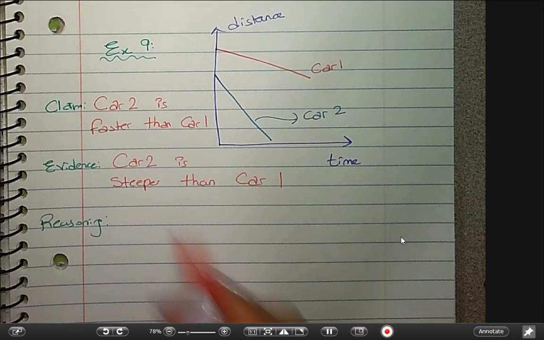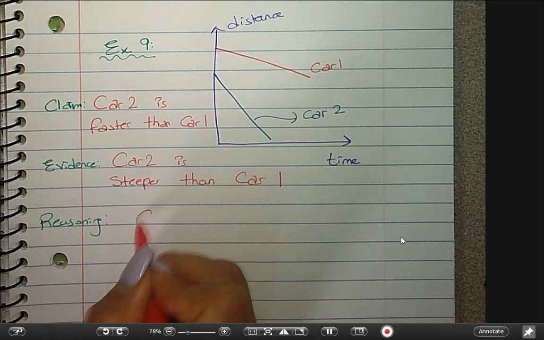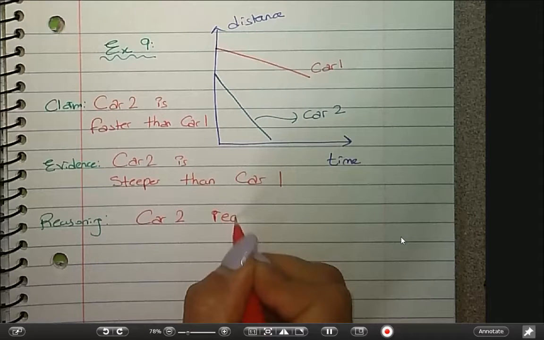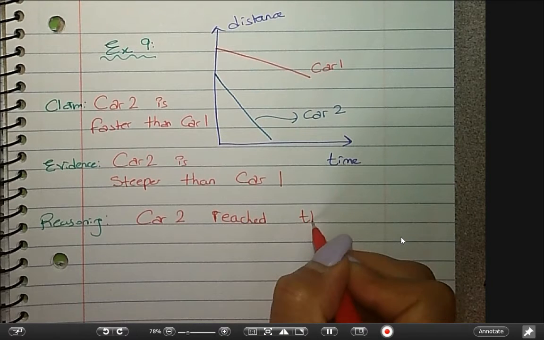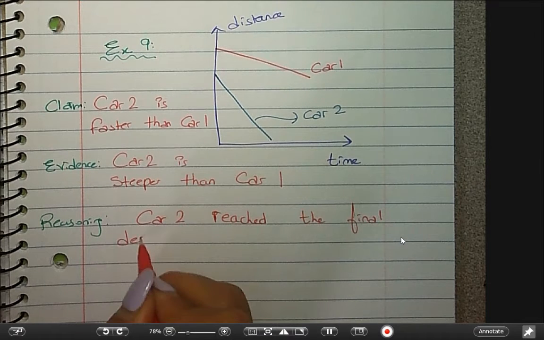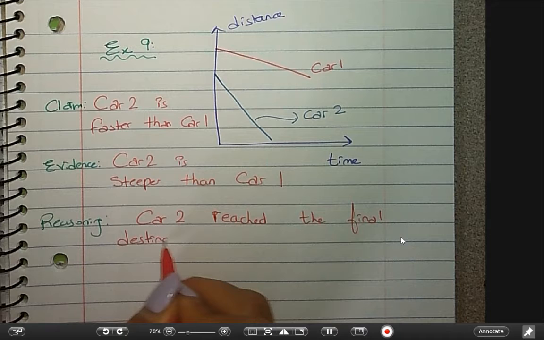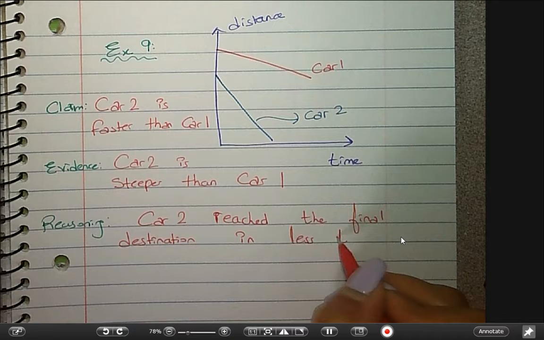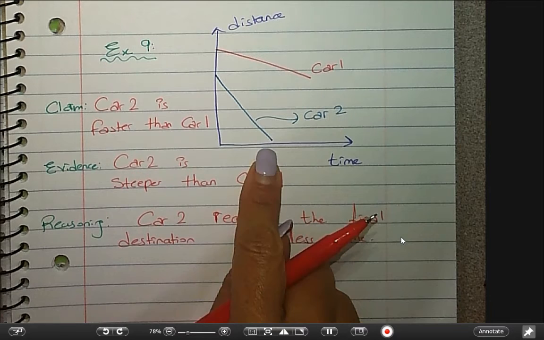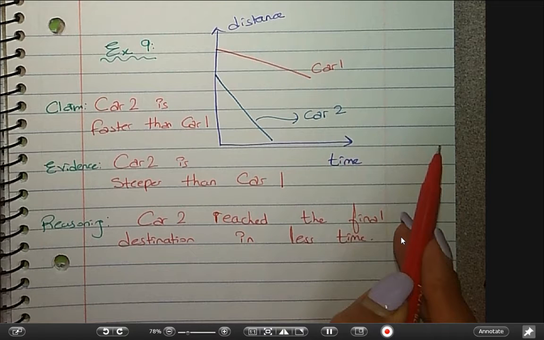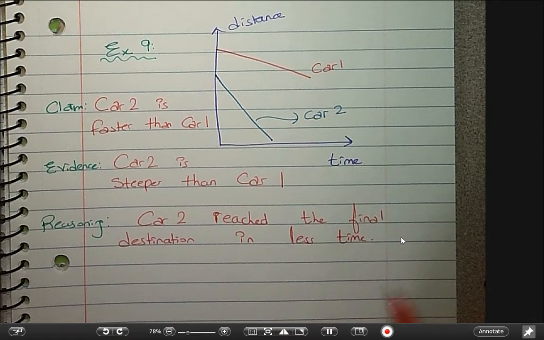Your reasoning is because car 2 reached the final destination in less time. So as you see here, this one, if it keeps going, the time is going to be bigger. So the more time you spend, that means the less speed you're going.